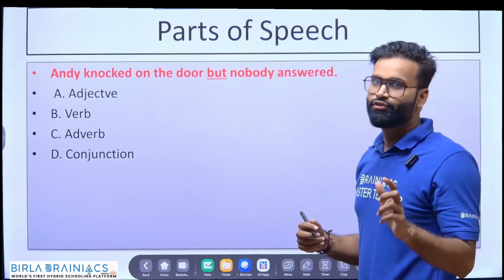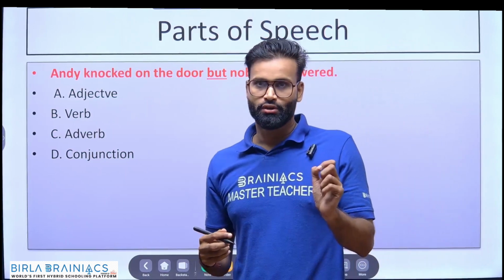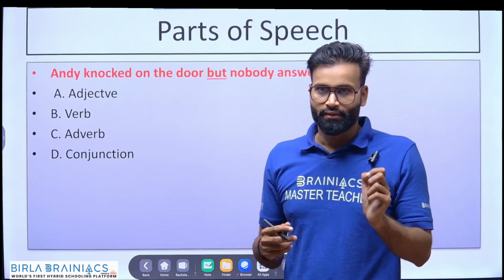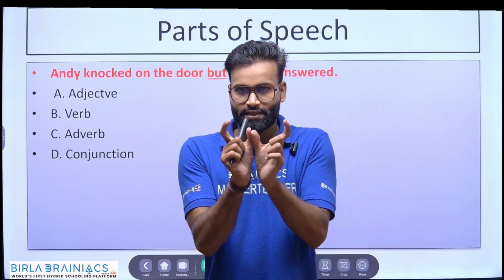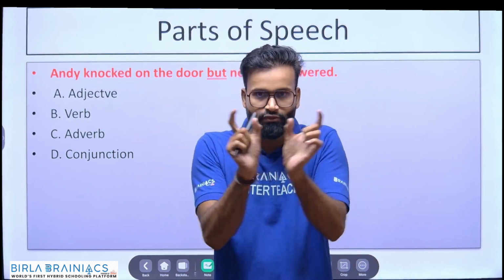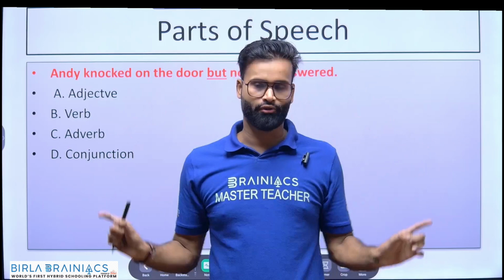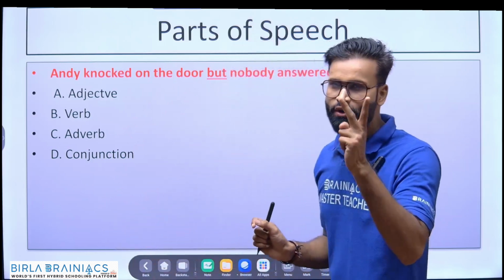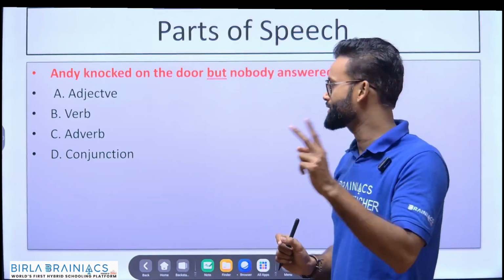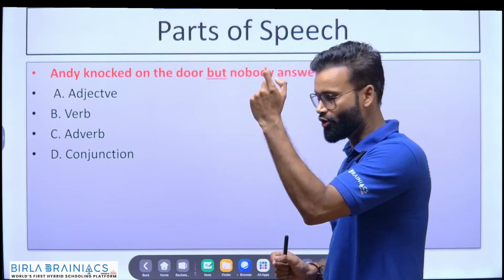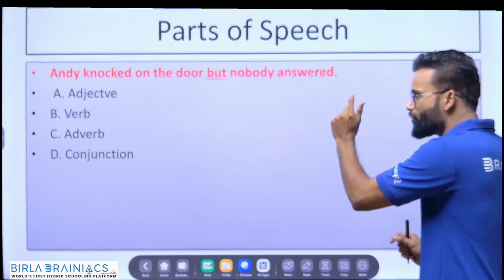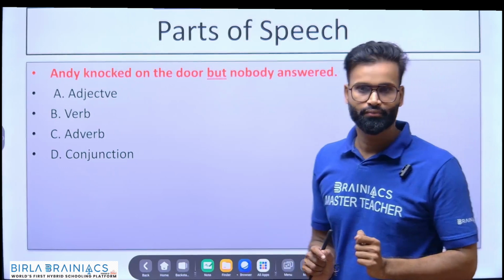Even in the previous video, I clearly mentioned that there is a part of speech which combines two sentences, two words, or two phrases. Now here, if you carefully check, there are two sentences. Number one, Andy knocked on the door. Number two, nobody answered.